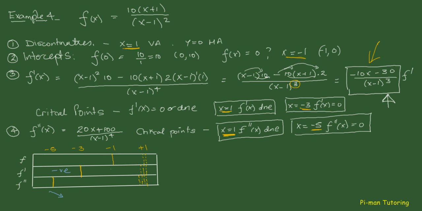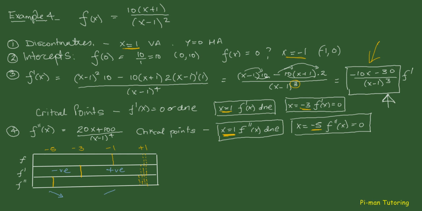Once we cross the negative 3 boundary, we can put in any value above negative 3 and below positive 1. So let's put in a 0. If we put 0 into the f dash formula, we'll get negative 30 over negative 1. So we get a positive value for the slope in this region.